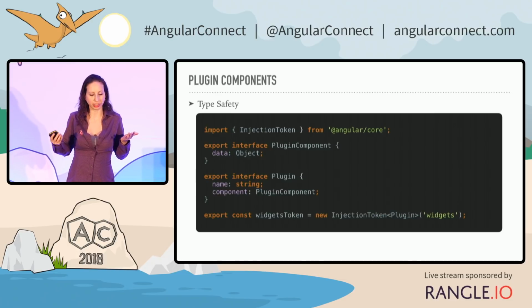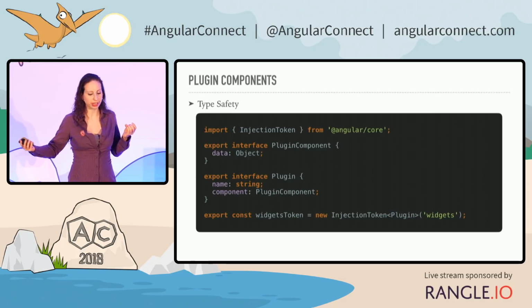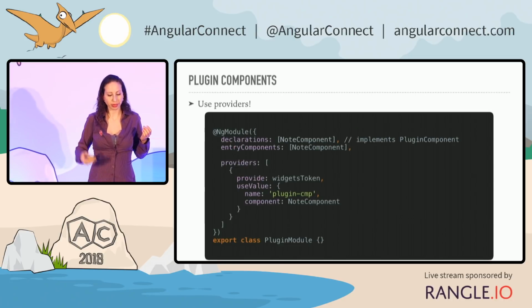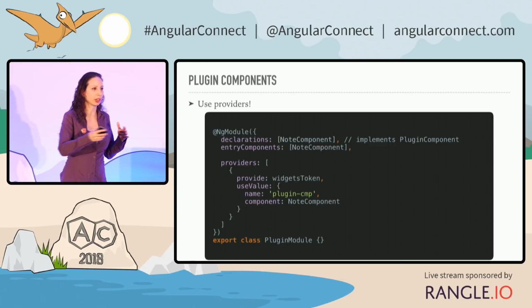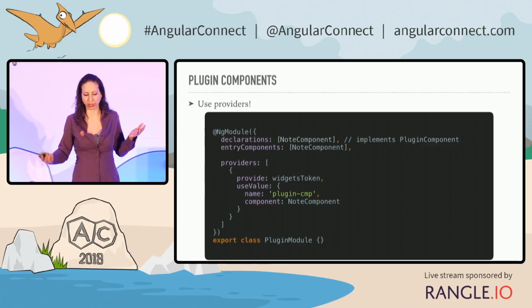or if you want to be more safe with the types, then you can actually create a whole interface and injection token, and then you can just provide this token. And this token will be known in our application and also in the ng module that you're loading.